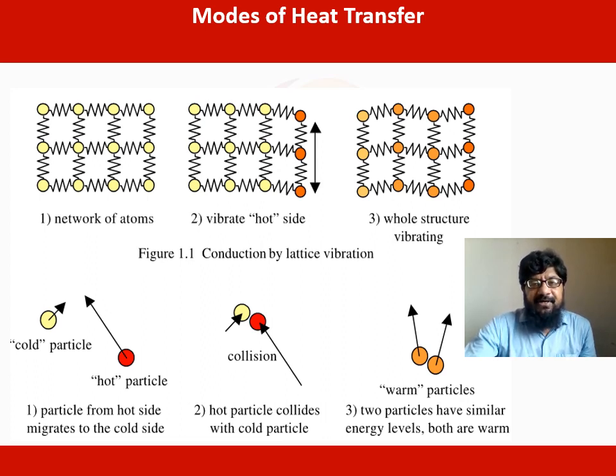These vibrating atoms on the right side will induce vibration in the neighboring structure of atoms. So after a while this whole structure will start vibrating and thus the heat is transferred from one side to another side.